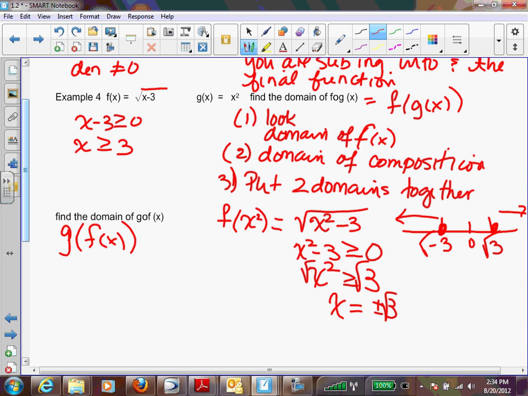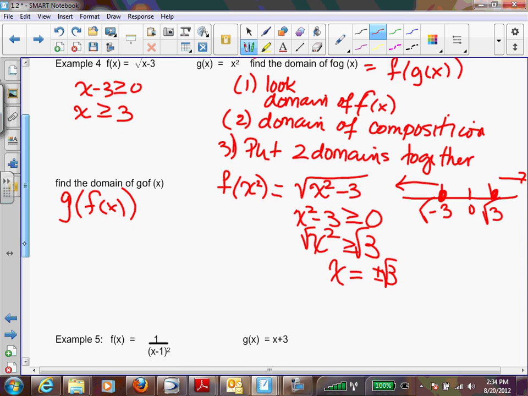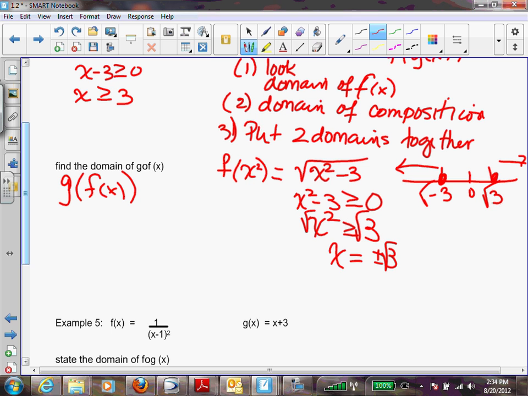Okay. All right, so when we put these two domains together, I want x is greater than or equal to 3, and I also want x less than or equal to negative square root of 3, or greater than or equal to square root of 3. But we have to satisfy both greater than 3 and greater than square root of 3. So where is the overlap going to happen?